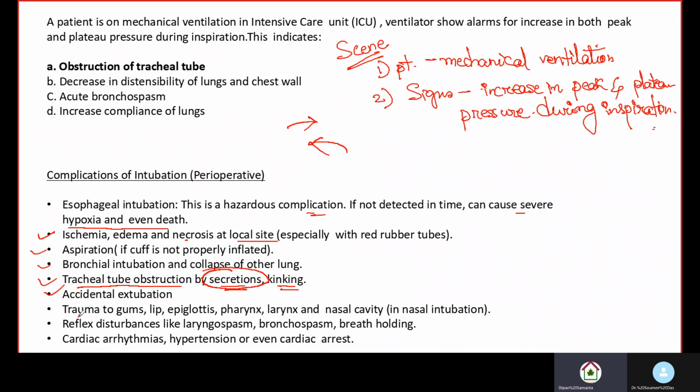Accidental extubation. Trauma to gums, lips, epiglottis, pharynx, larynx, nasal cavity. Reflex disturbances like laryngospasm, bronchospasm, breath holding, cardiac arrhythmia, hypertension, or even cardiac arrest.